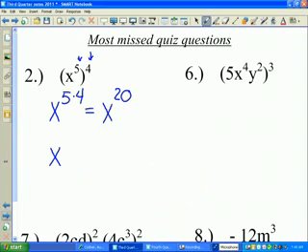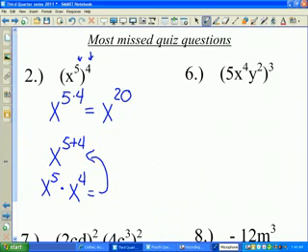What I kept seeing was people were adding their exponents. If it said x to the 5th times x to the 4th, this would be the correct solution, once I simplify it, x to the 9th. But it's not in this format. It's in this format. So this, x to the 20th, will be my correct solution.